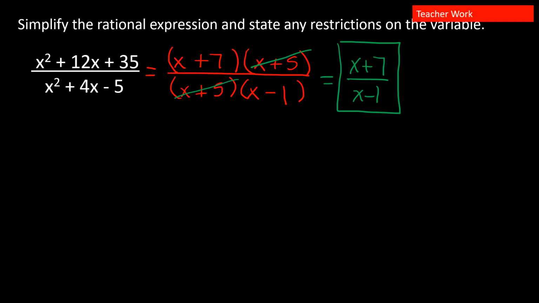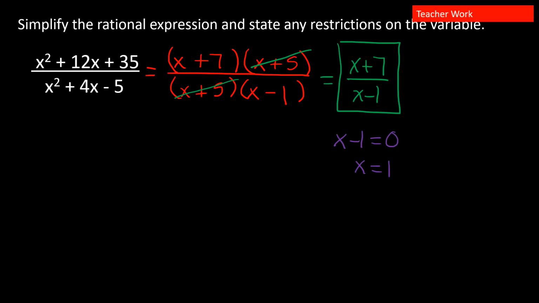So while this is our answer here, we do have a restriction where we got to take this value of x minus 1 and set that equal to 0, and we get that x equals 1. What that means is we'd have an undefined value. If I put a 1 here in the denominator, 1 minus 1 is 0, any value divided by 0 would be undefined.